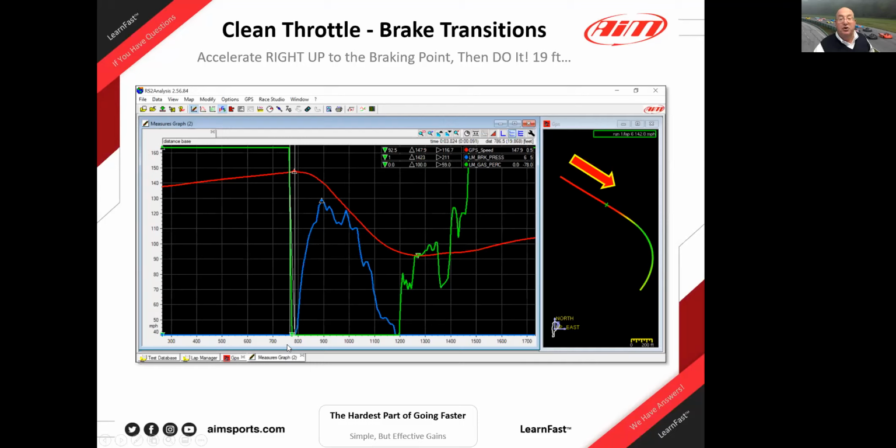Then what we have to do, and this is wonderful because what he's doing is he's accelerating fully, going down the pit straight, and he is going less than 20 feet between full throttle acceleration and the application of brake. So blue is brake pressure, green is throttle, and he is not left foot braking.